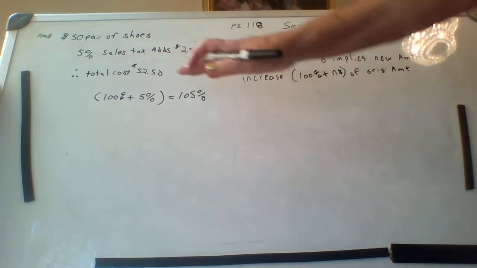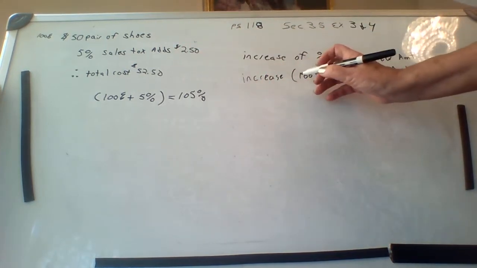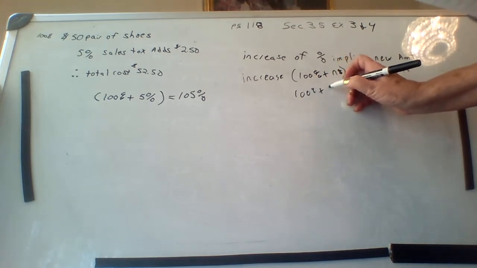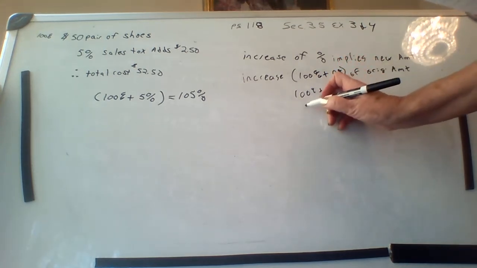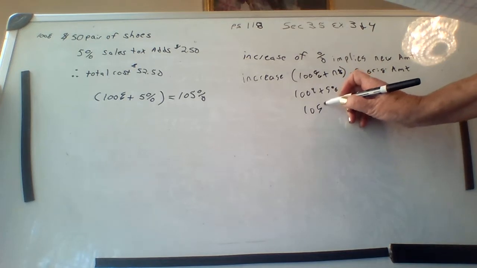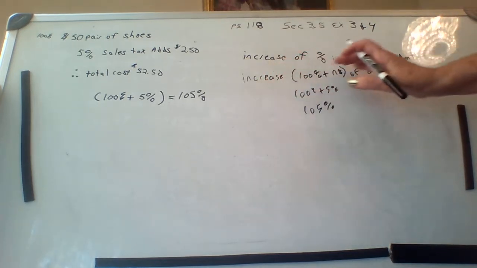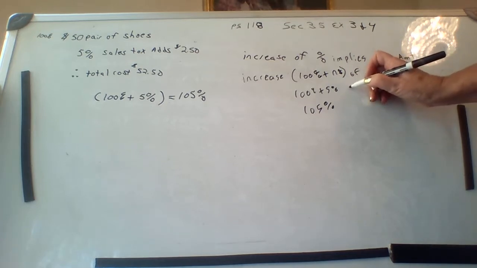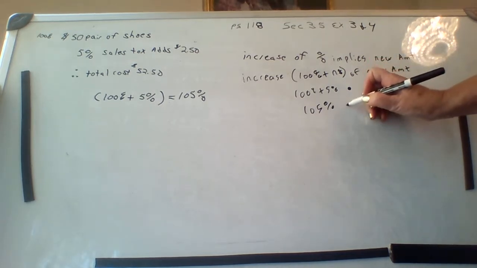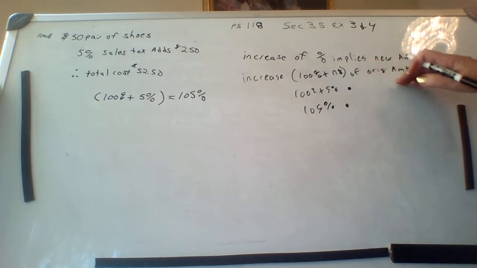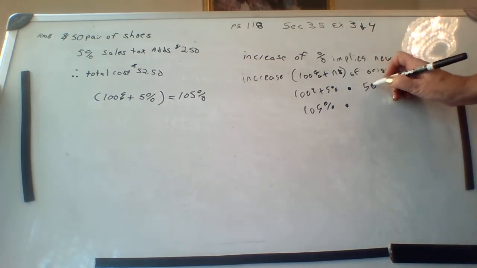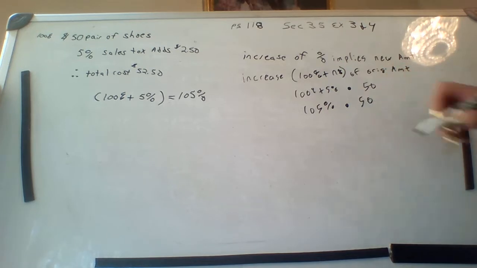Well, in our particular case, the increase was 100% plus 5%, which is 105%. So an increase of the percent of, this of indicates multiplication. So I'm going to use a dot for my multiplication. The original amount. What was the original amount? The original amount was $50 for the shoes.